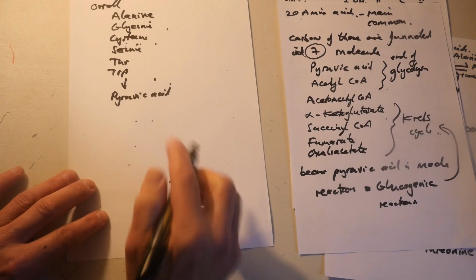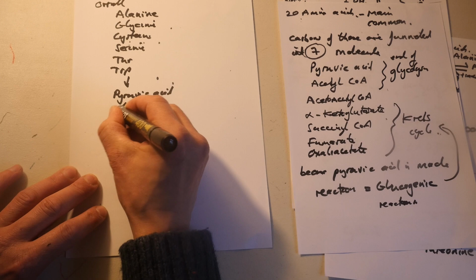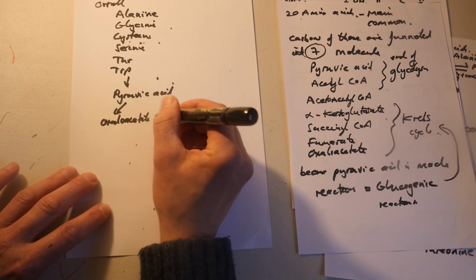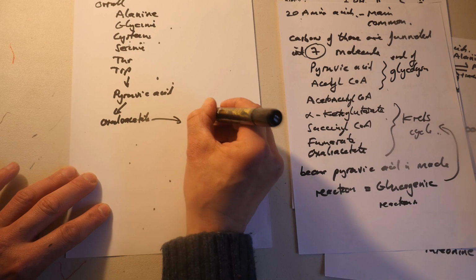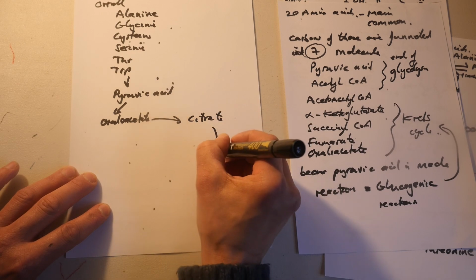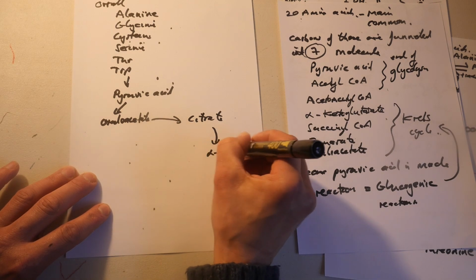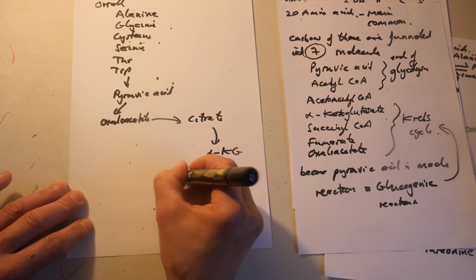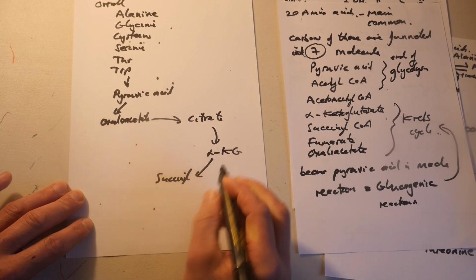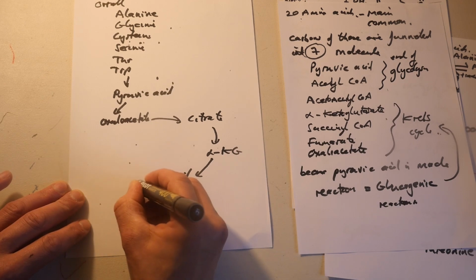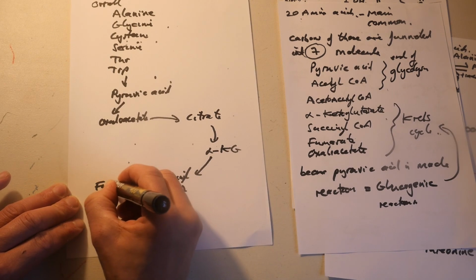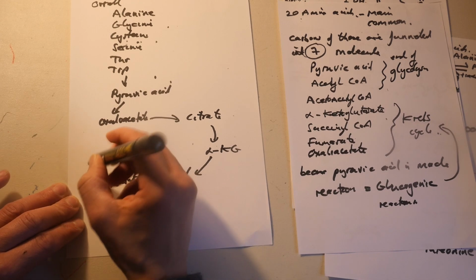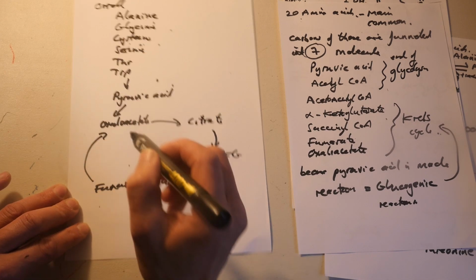These lead to pyruvic acid, which then goes into the Krebs cycle: oxaloacetate, and then citrate, and then alpha ketoglutarate, and then succinyl-CoA, and then fumarate, and then back around here.